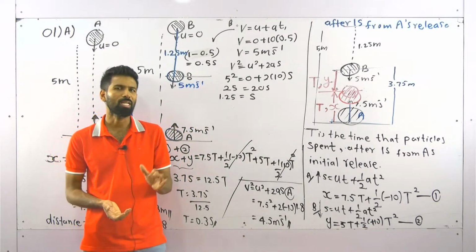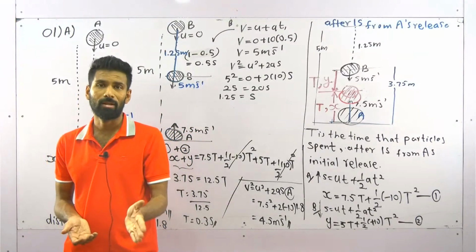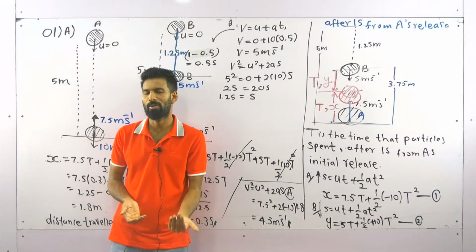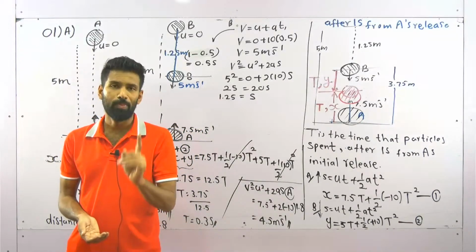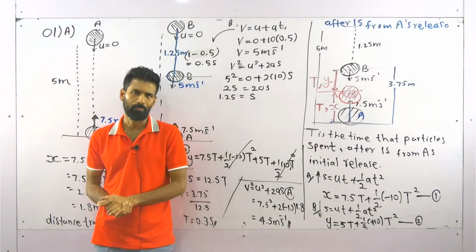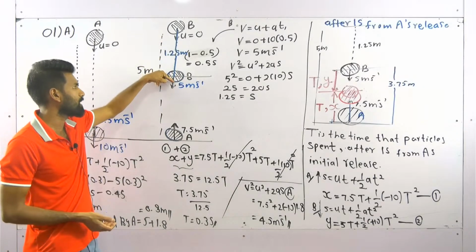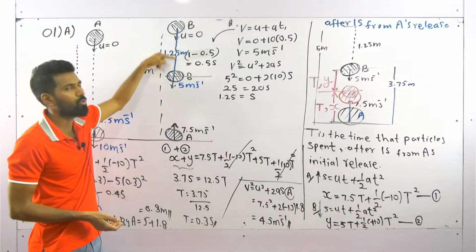But as B was released 0.5 seconds after A, when A hits the ground and bounces back with a velocity of 7.5 meters per second, at that moment B has spent only 0.5 seconds in motion. Within that 0.5 seconds, B gained a velocity of 5 meters per second downward with a travel distance of 1.25 meters.